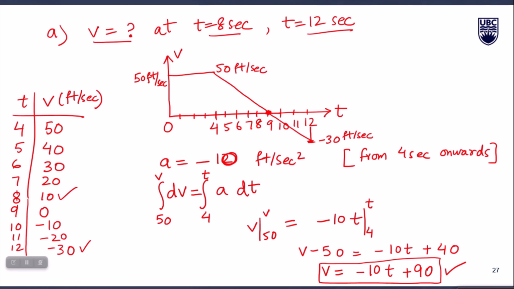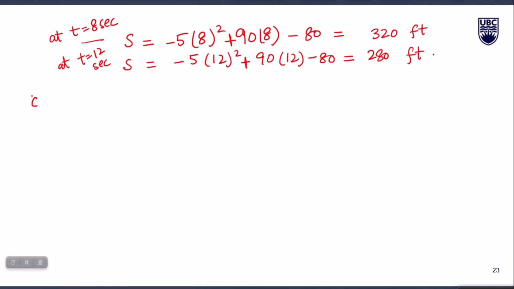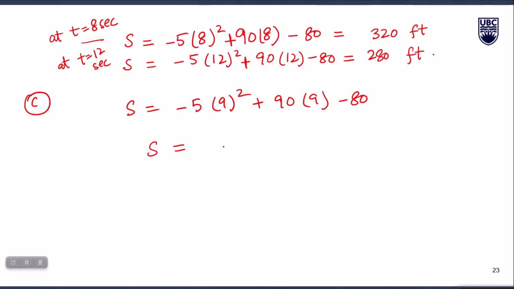So again part C will simply use the same equation. You can simply put s is equal to minus 5 into 9 square plus 90 into 9 minus 80. This should give you s as 325 feet, right?